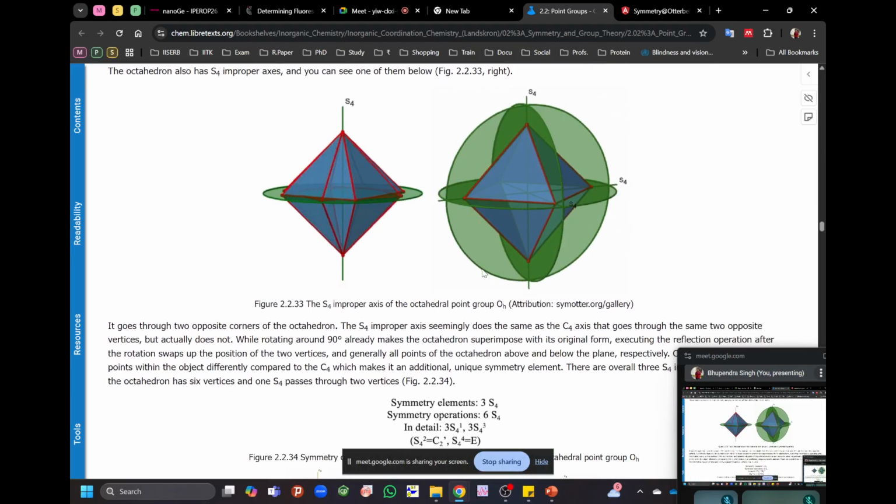This is the S4 improper axis of rotation, which is also there. Of course, this is simple to find because you can rotate it by C4, and the plane is obviously present here, perpendicular to your C4. Yes or no? So the improper axis of rotation S4 is also present. How many S4s are you able to see?